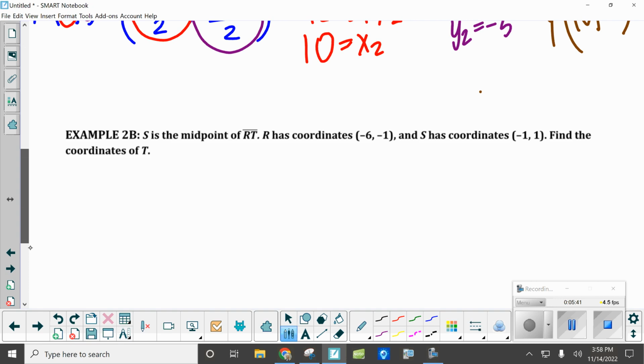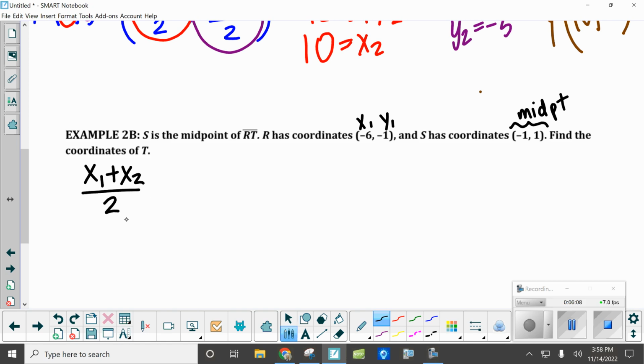And the next example is S is the midpoint of RT. So it's just the same thing like we just did. So R has these coordinates. That's my midpoint. So this would be x1, this would be y1, this would be my midpoint. I know that you add the two x's and divide by 2 will give me the midpoint value for x, which is negative 1.